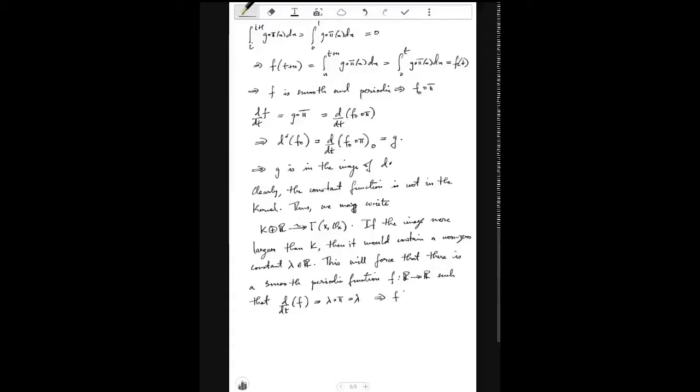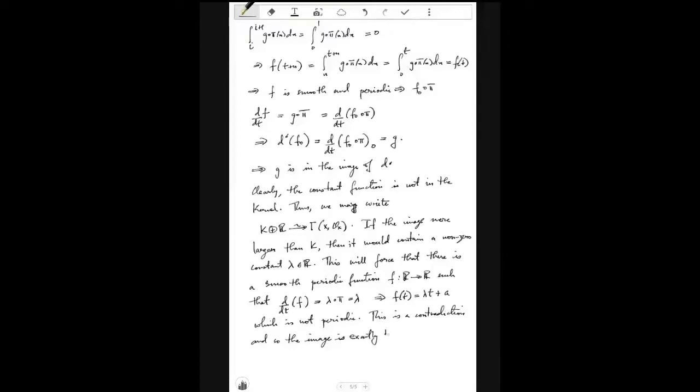But this will imply that f of t is equal to λt plus a, which is not periodic. Thus, this is a contradiction. And so the image is exactly K, the kernel.